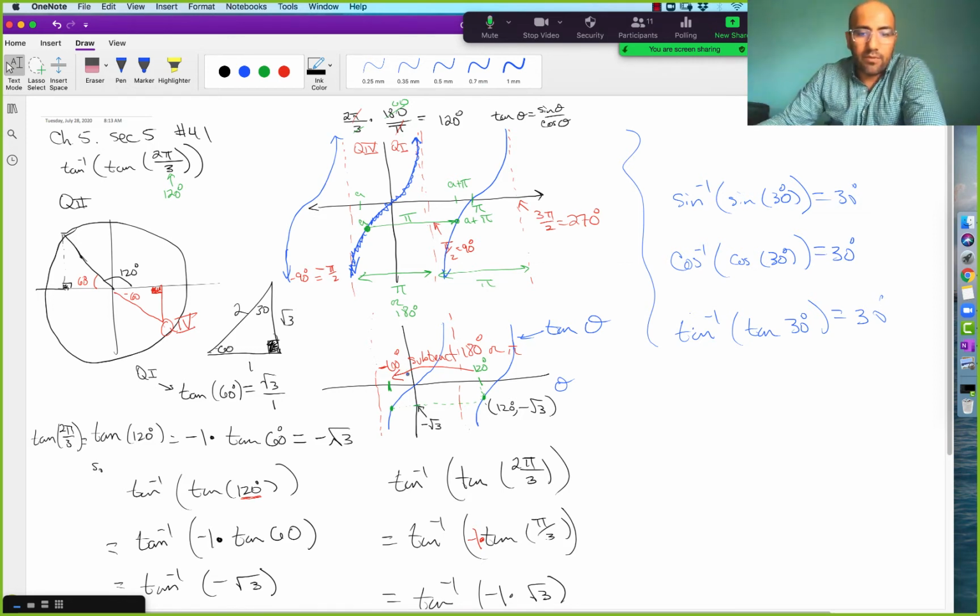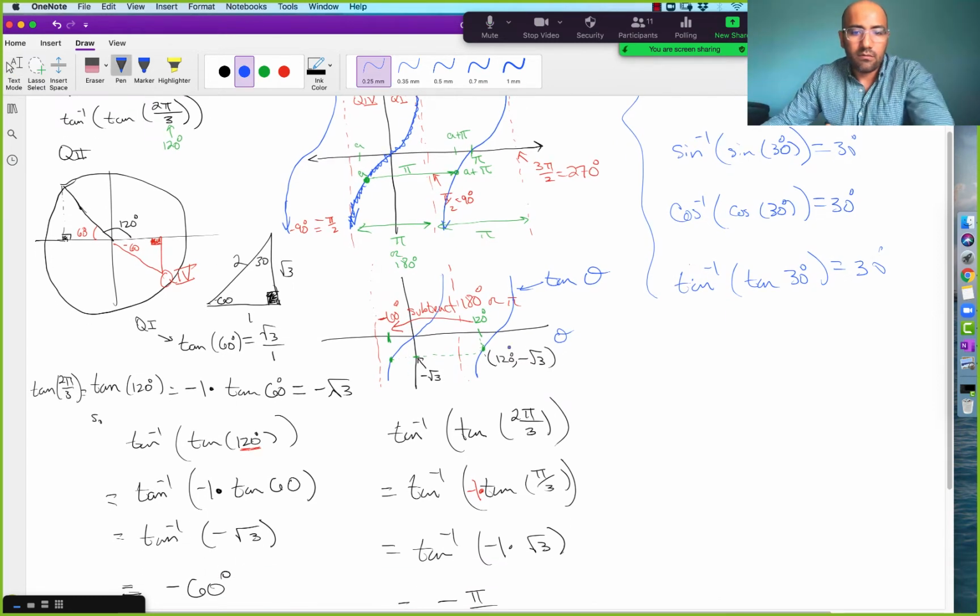To wrap up, we're saying that tangent inverse of tangent of 120 degrees equals negative 60 degrees. Over here they work out really well: tangent inverse of tangent of 30 is 30, cosine inverse of cosine of 30 is 30. As long as we're in quadrant 1, everything works out well.